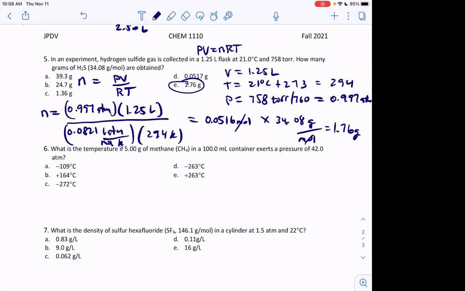And if you do finish it, then there's no other answer close to that. So maybe 1.36 is the closest. Questions? Okay.